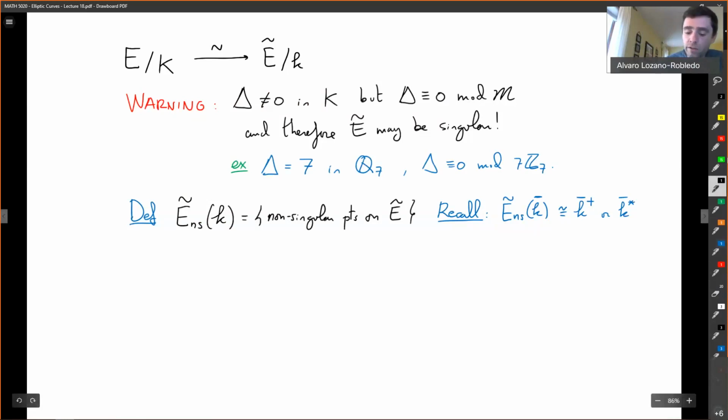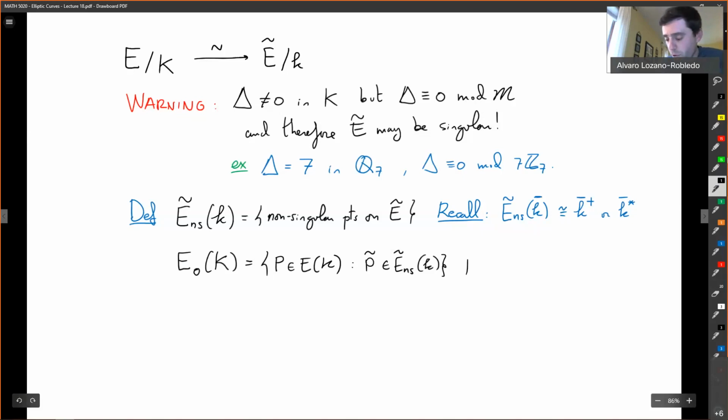Then at the level of points over K, we're also going to define two other groups. First, E naught of K, the points in K that reduce to non-singular points, so these are the points of non-singular reduction.